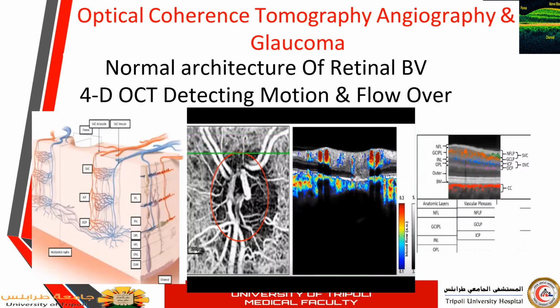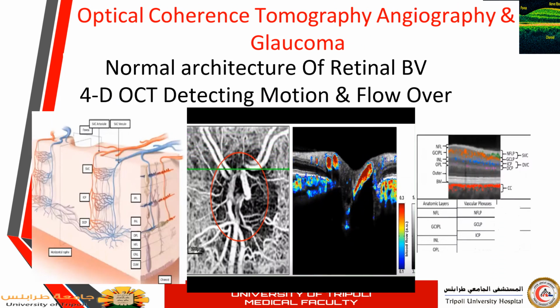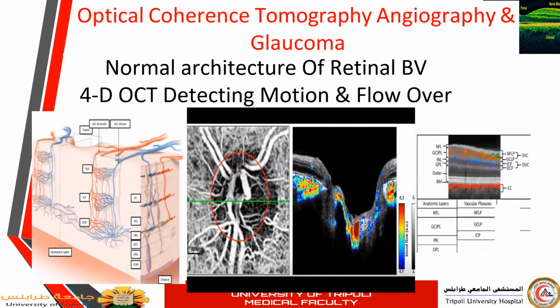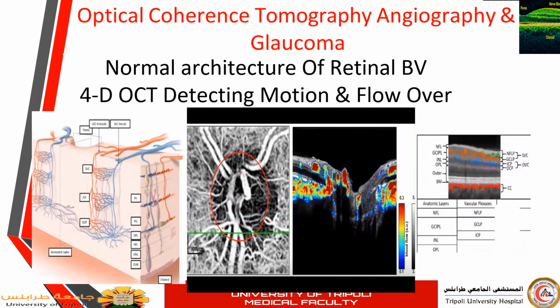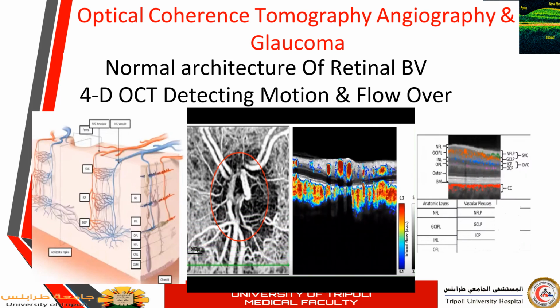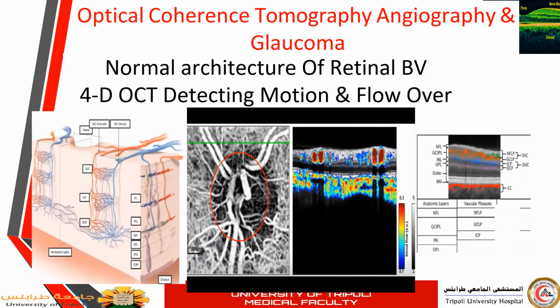This slide shows the schematic representation of the architecture of the retinal blood vessels, which can be divided into a superficial vascular complex, an intermediate retinal plexus, and a deep capillary plexus.